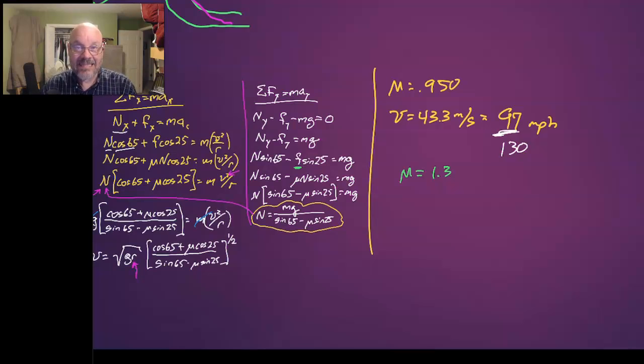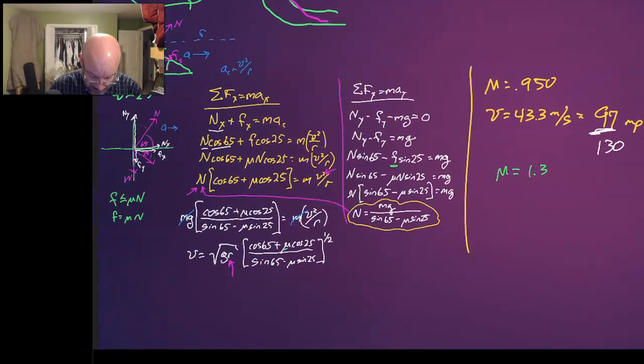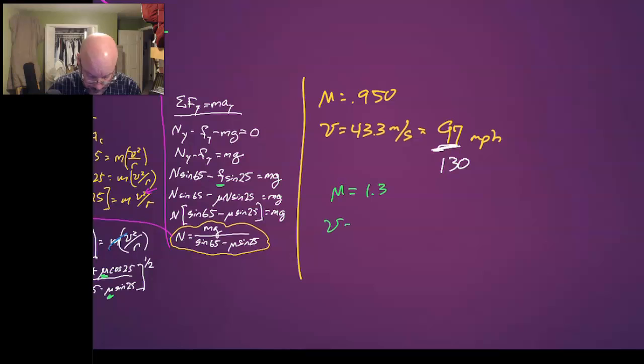So we have an effective coefficient of friction that's significantly higher than we thought before. Now, if you take that value for mu of 1.3, and you substitute it in down here, then what you end up getting is a velocity of 129 miles per hour. Okay. And so I felt pretty good about that one then.